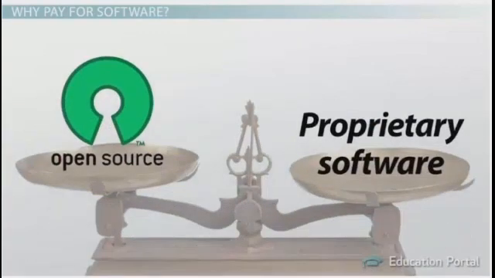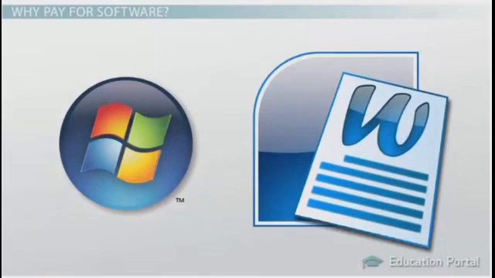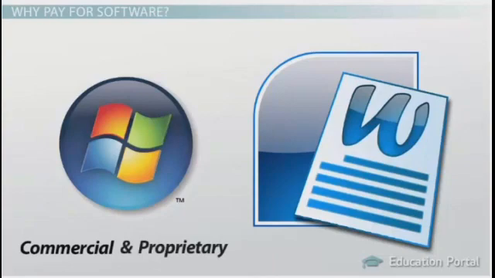In practice, you will likely use both proprietary software and free and open source software, often without realizing which one you are using. For example, perhaps you are using the Windows operating system and you have Microsoft Office installed because that is what everyone else in the office is using. Those are examples of software applications that are both commercial and proprietary.